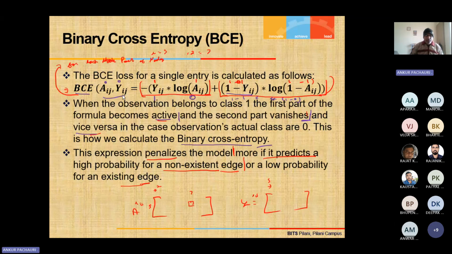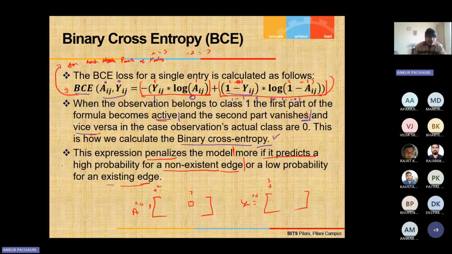Okay, so it will clearly come up whether there is a mismatch or not. This expression penalizes the model more if it predicts a high probability for a non-existing edge or a low probability for an existing edge.